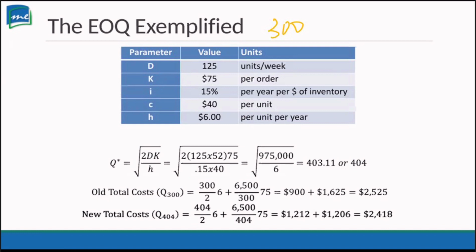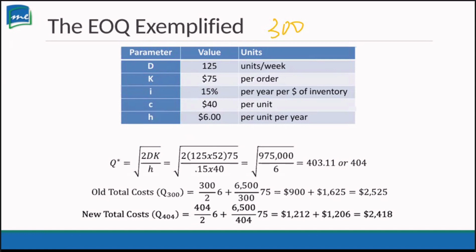And after you identify the opportunity to reduce the inventory cost, you put all the information you collect into these tables here. So you know the demand is 125 per week, and you know the ordering cost is 75 per order, and the holding cost is 15% of the unit cost.